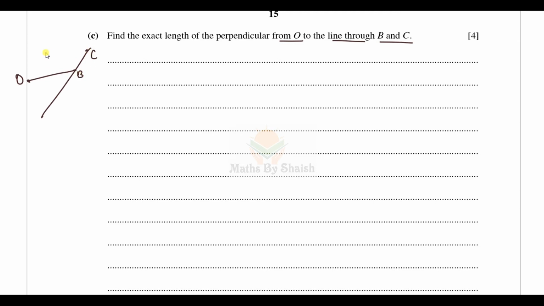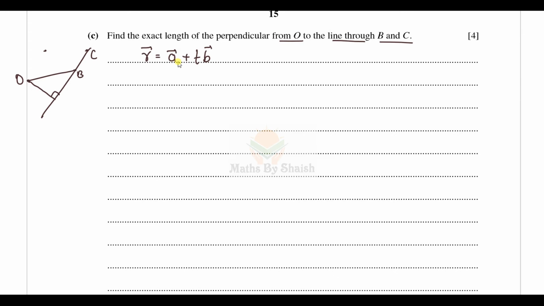Now I want to find the exact length of the perpendicular from the origin to this line. First of all, we'll find the equation of the line passing through B and C. For an equation of a line we require two things, that is a and b vector. a is a point on the line.